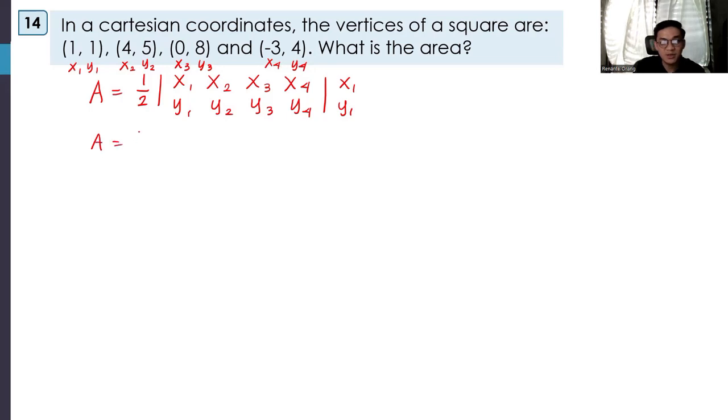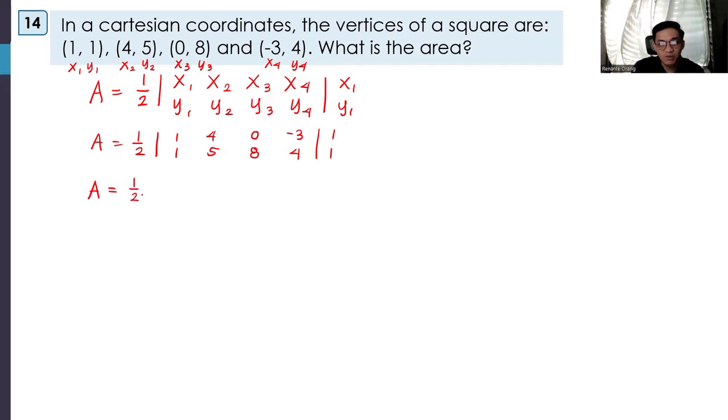So, designate natin, this is our x sub 1, y sub 1, x sub 2, y sub 2, x sub 3, y sub 3, and x sub 4, y sub 4. Distribute natin lahat, class. We have 1/2, 1, 1, 4, 5, 0, 8, -3, and 4. Sa labas, same din, 1, 1. So, operate natin siya.